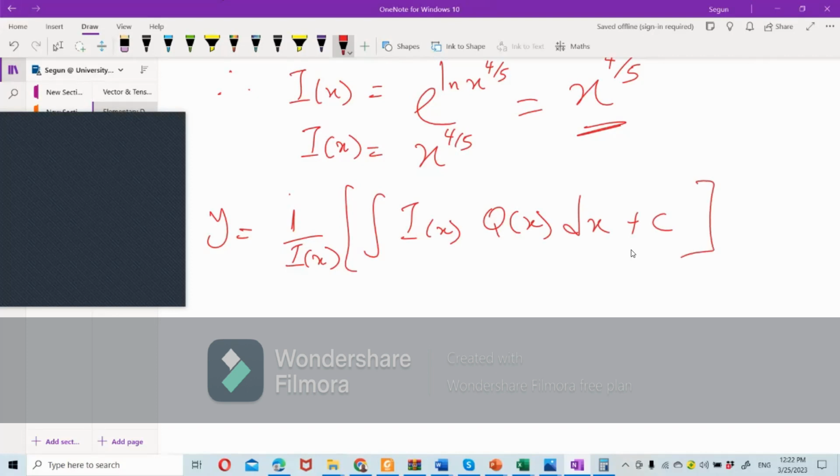So we can substitute y equals 1 over x raised to power 4 over 5. We open the brackets. Don't forget this. This is what? Integral of x to the 4 over 5 multiplied by q of x. q of x is 3 over 5. dx plus c.